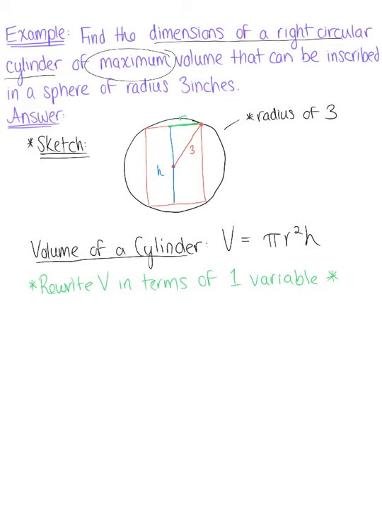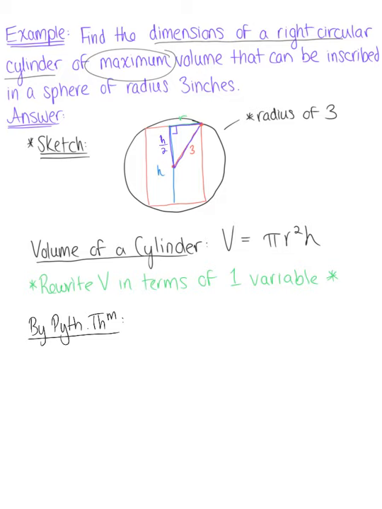What we've done by sketching this in 2 dimensions is that we've identified that these 2 equations are related by a right triangle. So we can define this extra side here as half of the height of our cylinder. So we know that by Pythagorean's theorem, the sum of the square of the 2 shorter sides is equal to the square of the longer side.